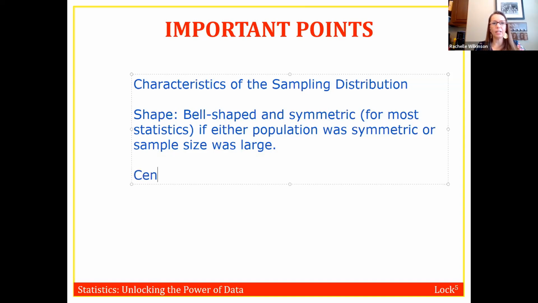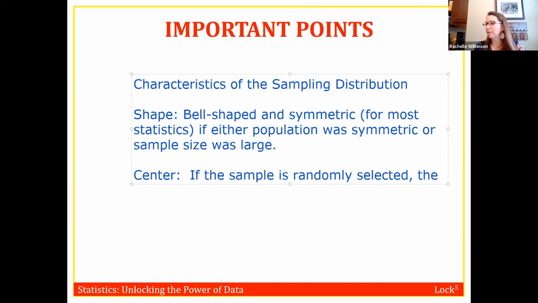Okay, next thing, the center. We saw that the center of the sampling distribution is the same as the center of the population. So basically, if the sample is randomly selected, the sampling distribution will be centered on the population parameter.